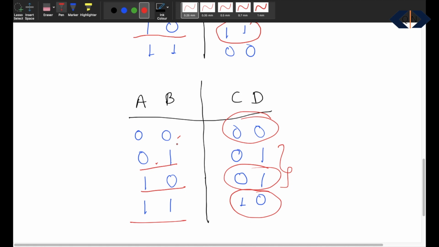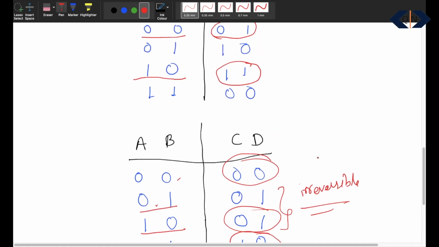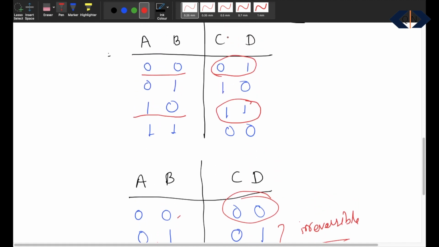So looking at these two examples, you have understood that this is the reversible gate and this is the irreversible gate. This is the irreversible gate truth table, and this is the reversible gate truth table, right?